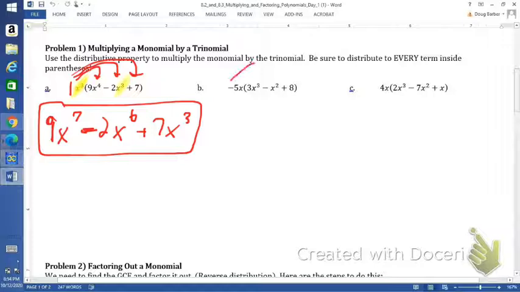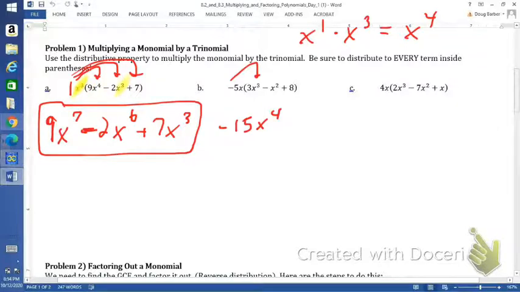For the next one, we have a negative 5x times 3x cubed. So it's going to be negative 15, since a negative 5 times 3 is a negative 15. And then x times x to the 3rd, or x to the first times x to the third, that's going to give us 1 plus 3, x to the fourth.